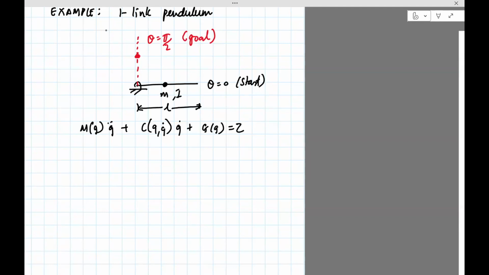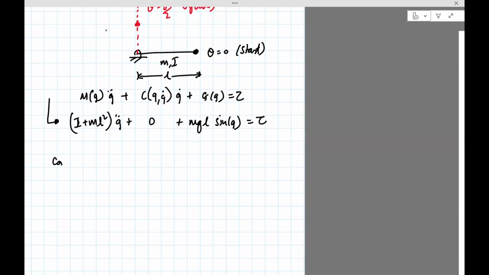If this is mass and inertia, it's I plus ml square, Q double dot, plus there is no Coriolis term. There could be damping at the pin joint, but no Coriolis term because you don't have more than one link. And the last part is mgl sine q, the nonlinear term, equals tau. This is what we got from Euler-Lagrange.